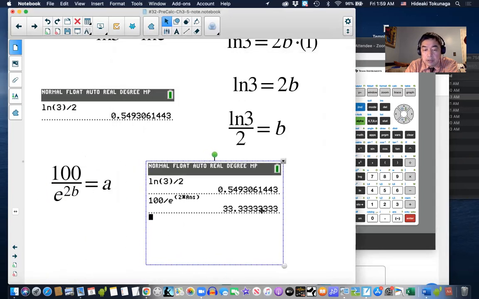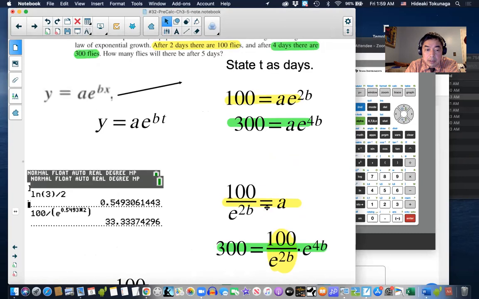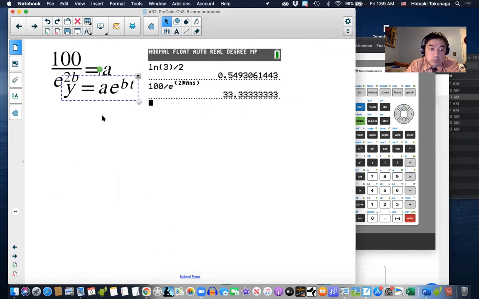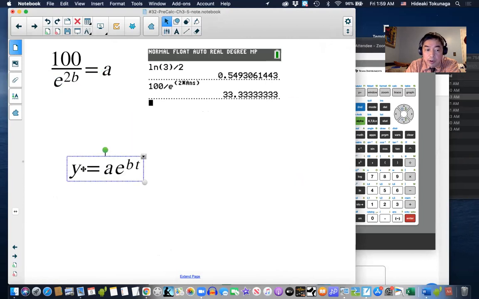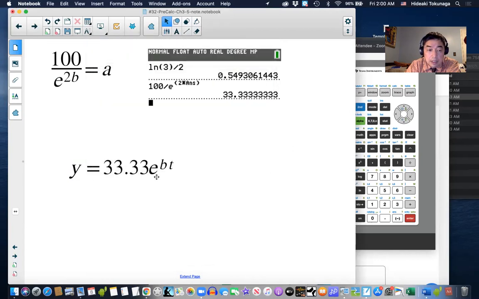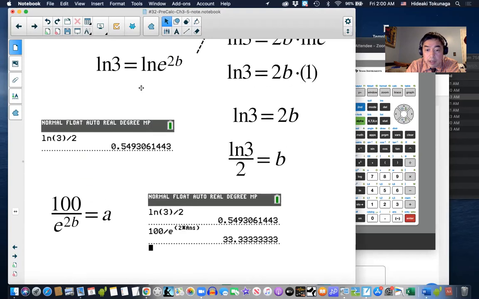Okay, so now we have to rewrite the equation based on this. We use this formula to enter that information. So y, the number of flies, equals A, which is 33.33, and base E times b. Where was b? It is this b, right?